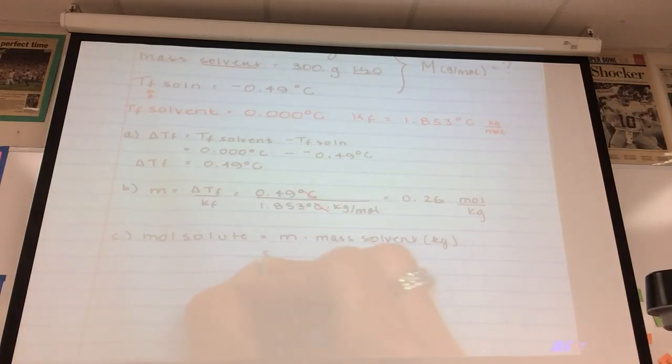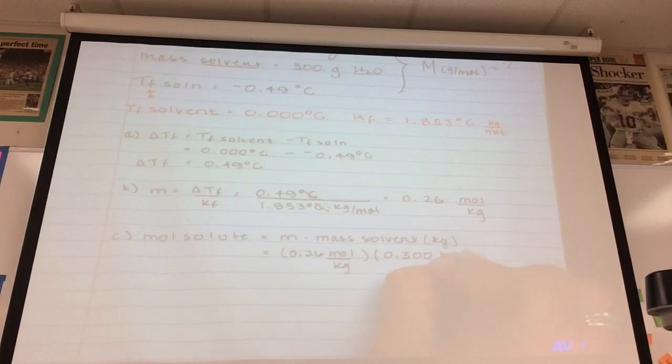I've got the molality right here. The mass of the solvent in kilograms, move the decimal 3 to the left. And that's equal to 0.078. Note the cancellation of kilograms, and that's your moles of solute.